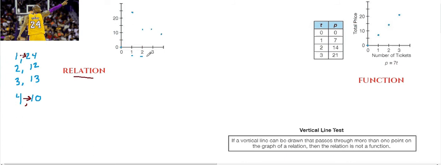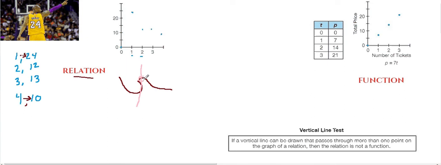And when you graph something like this, one thing that might end up happening is you could end up with something that turns back on itself. And what we call a vertical line test means if I draw a vertical line through here, it's going to hit at least twice.